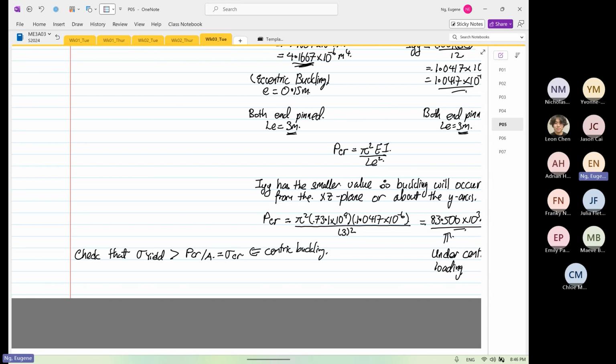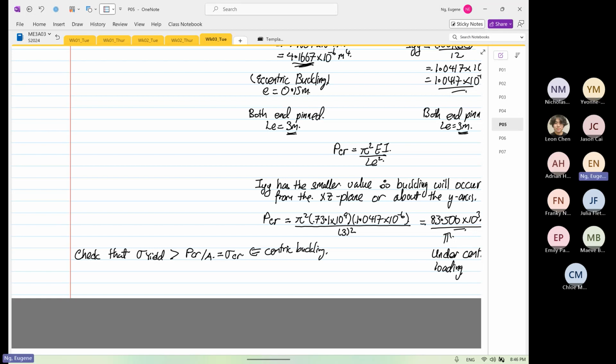Eugene? Yes. I was thinking, if it turned out to be eccentric buckling that had the lower second moment of area, would we have used this formula? Repeat your question. If it was eccentric buckling that had the lower... You don't use this formula anymore.